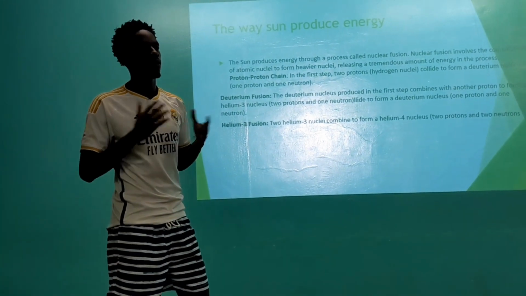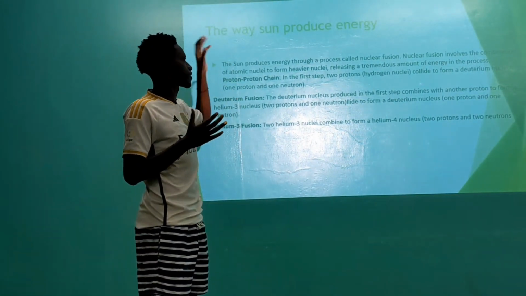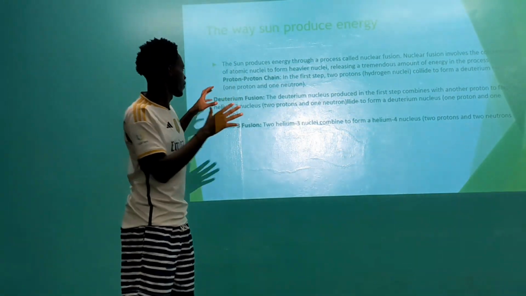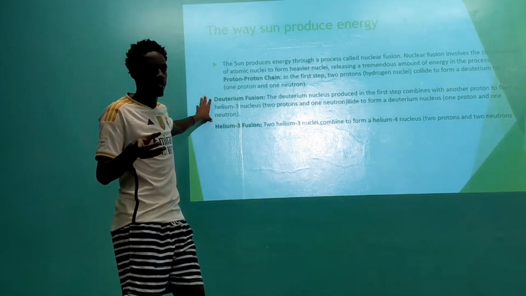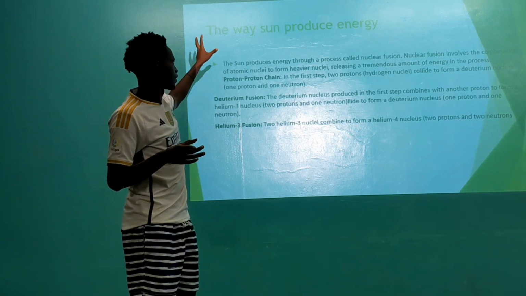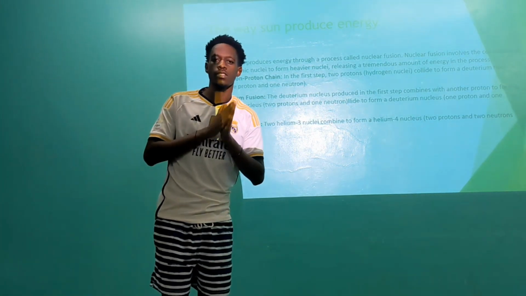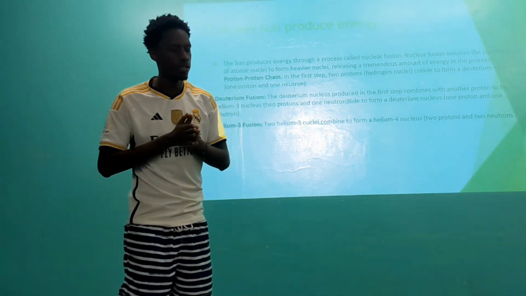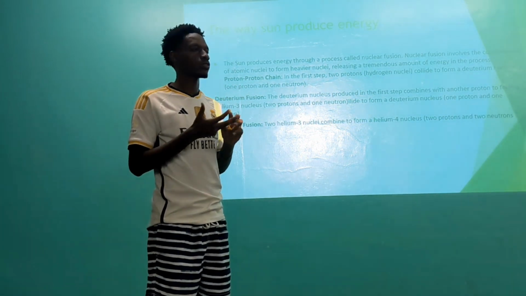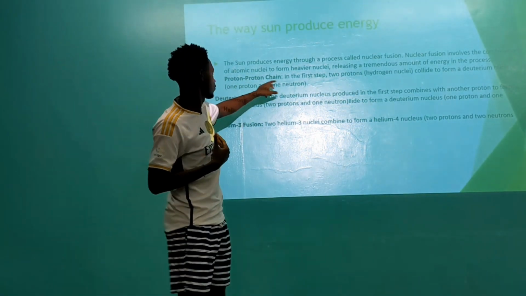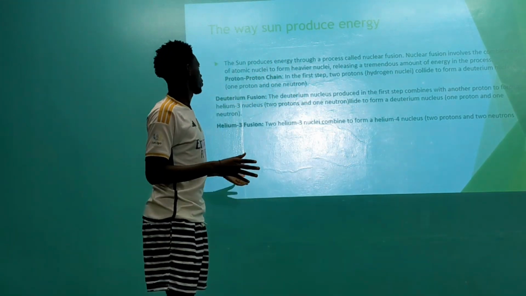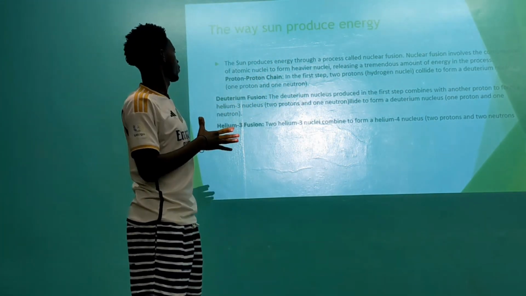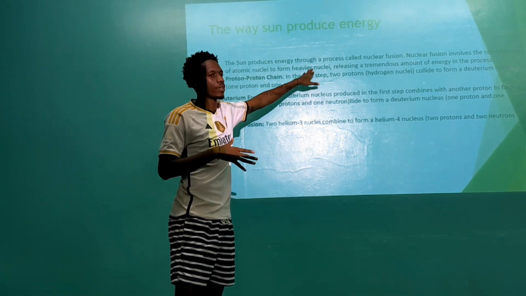The next point our group discussed was the way the sun produces energy. What should remain in our minds is that the sun produces energy through a process known as nuclear fusion. There is nuclear fission and nuclear fusion. Nuclear fusion involves the combination of atomic nuclei to form heavier nuclei.